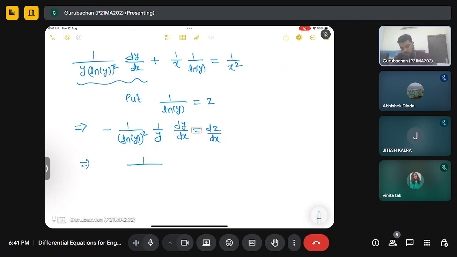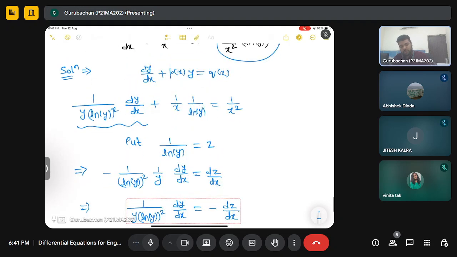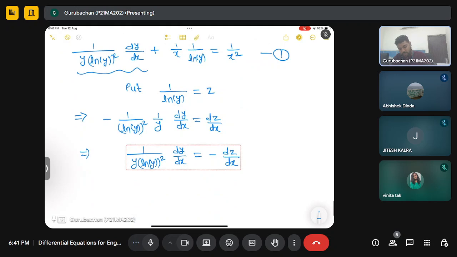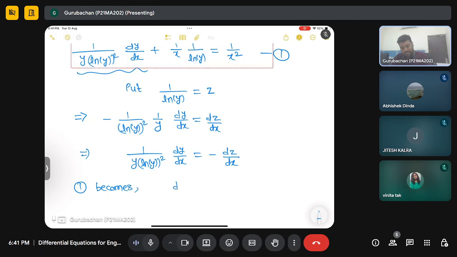So our differential equation number 1 will become minus dz by dx plus z by x equal to 1 by x square.